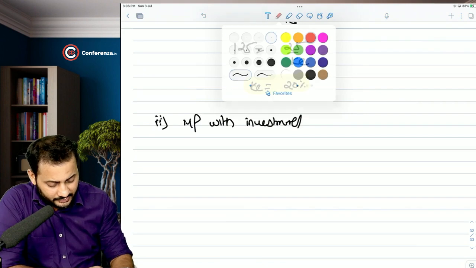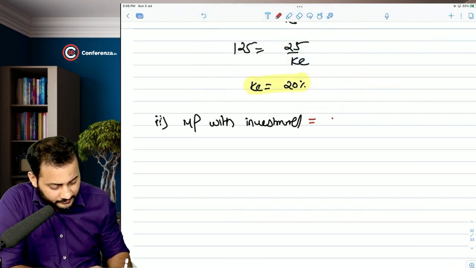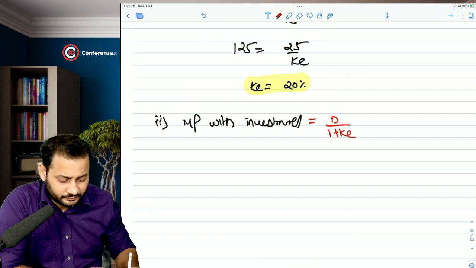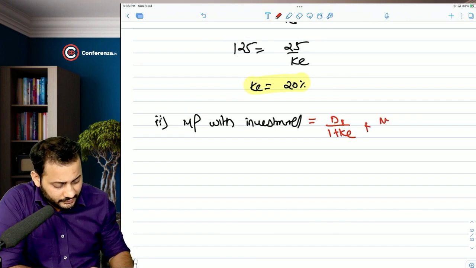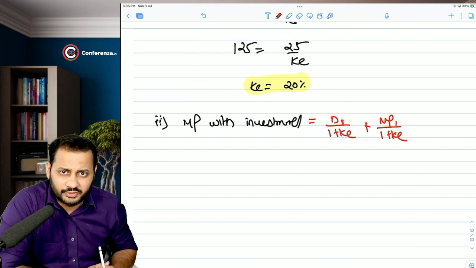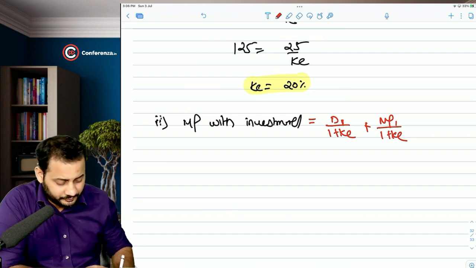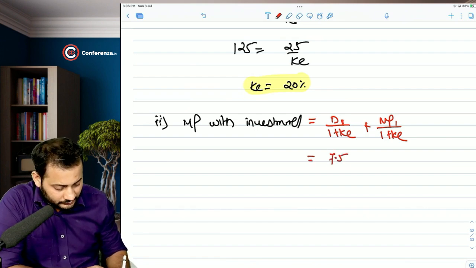Market price with investment is very simple. D1 divided by 1 plus cost of equity, the present value of the first dividend, plus MP1 divided by 1 plus cost of equity. Both the cash flows D1 and MP1 occur at the end of the first year. This is easy.